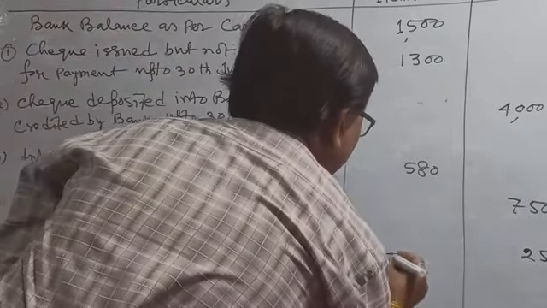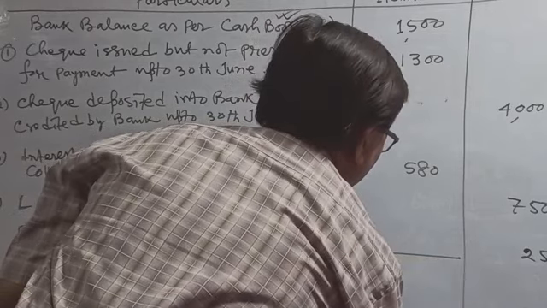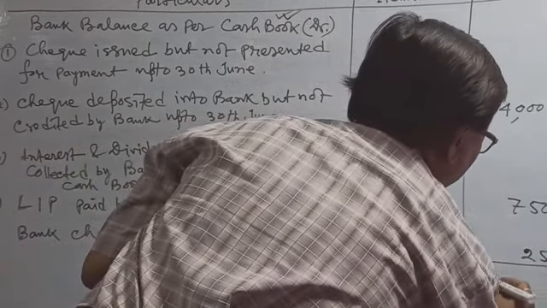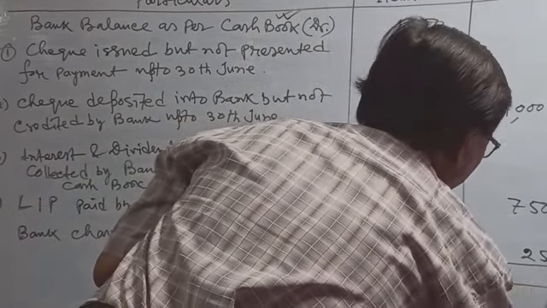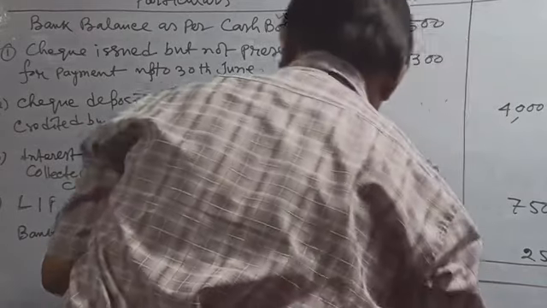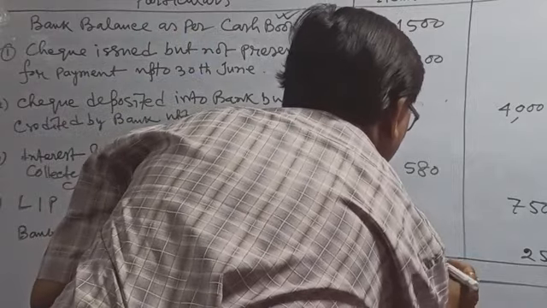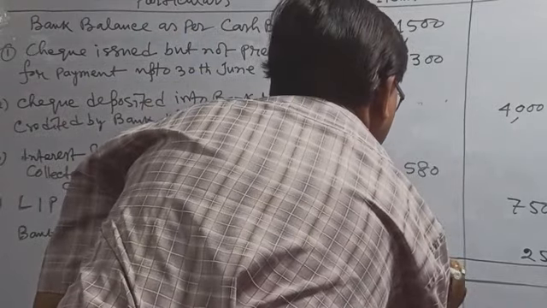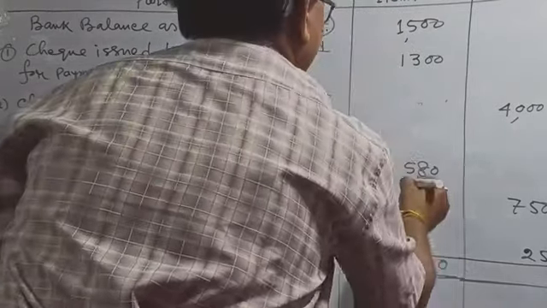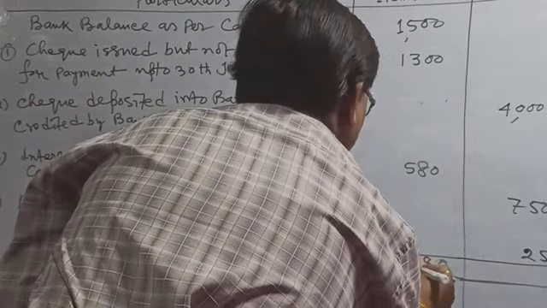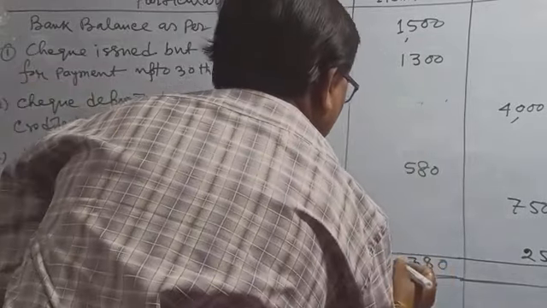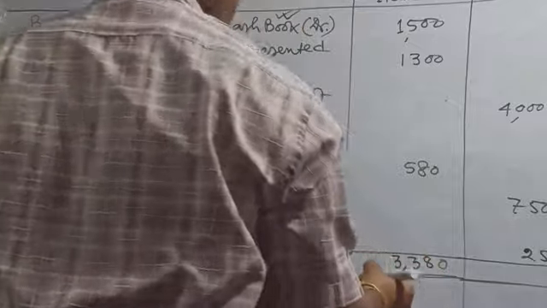But you are adding this total in this plus items and minus items. Now this is equal to 3,380.